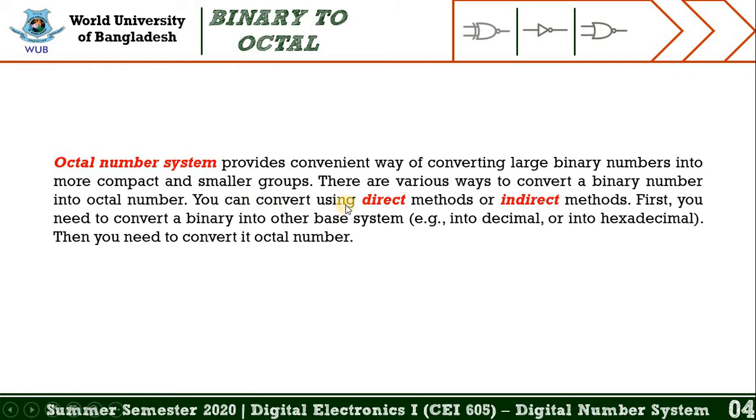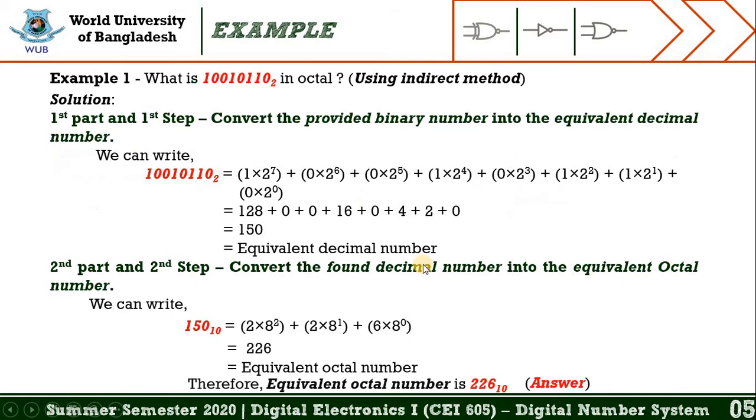You can convert using the direct method, or you can convert using the indirect method. First, you need to convert the binary into another base system, such as decimal or hexadecimal. Then you need to convert it to an octal number. So let's move into the next slide.